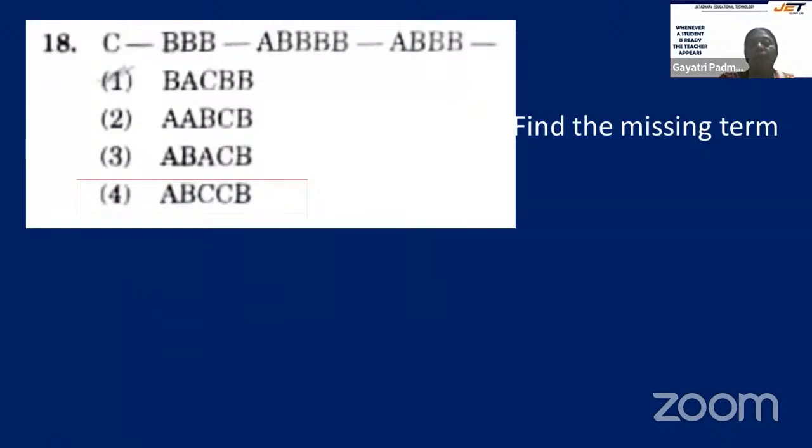So before B, it should be A, isn't it? With that clue, let's quickly do it. So 30 seconds time is given to you, students. Quickly finish it and highlight the answer. Not more than 30 seconds must be taken to do such sums. Your time is almost running.